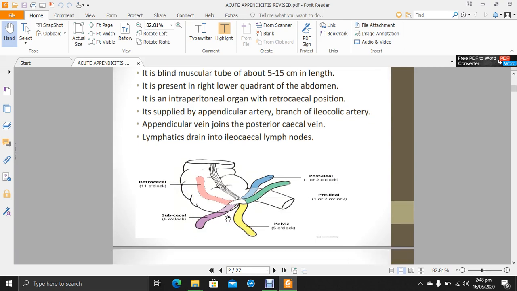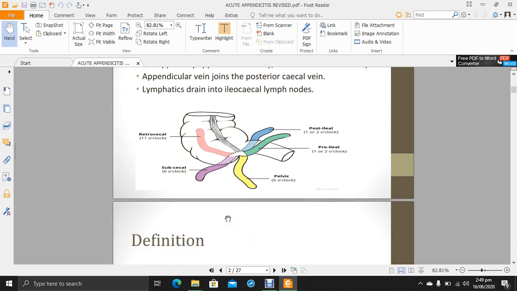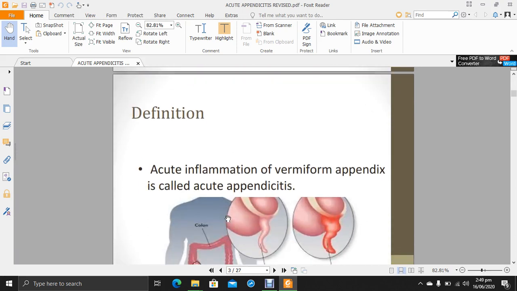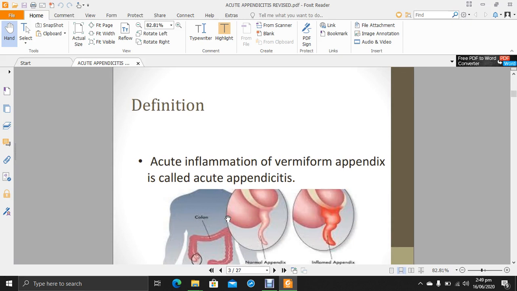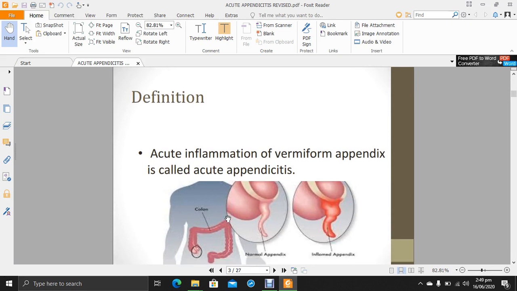A surgeon knows better when he is going to operate upon a patient. So our basic topic is acute appendicitis. As you know from the 4th year MBBS level, acute appendicitis is acute inflammation of the vermiform appendix.